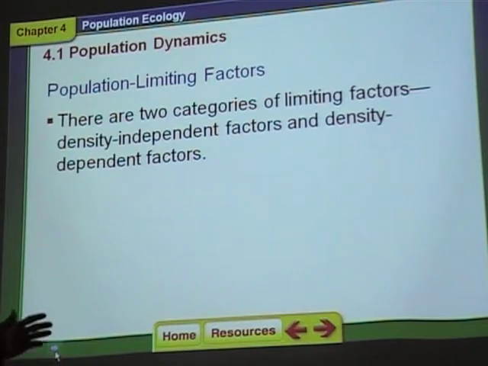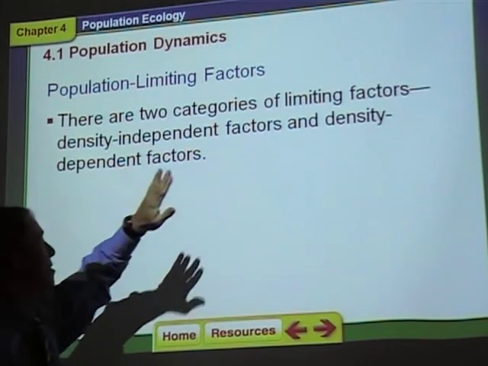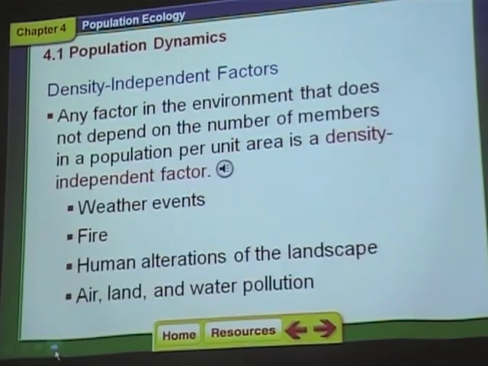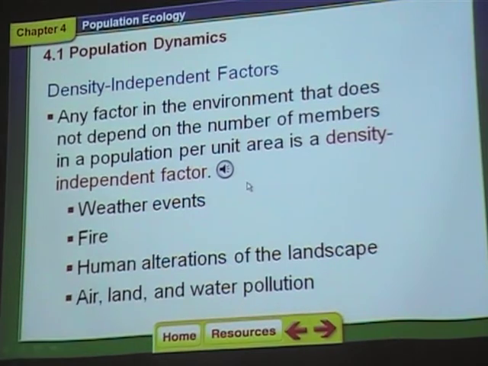Sometimes the limiting factor is known as density independent, and sometimes it's density dependent. And we need to distinguish between the two. Density independent factors are factors that do not depend on the number of members in a population per unit area. Something like a forest fire.